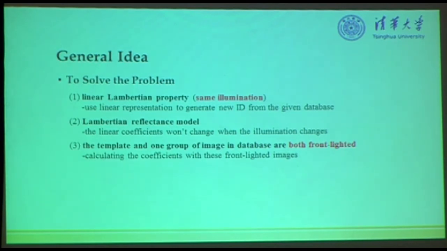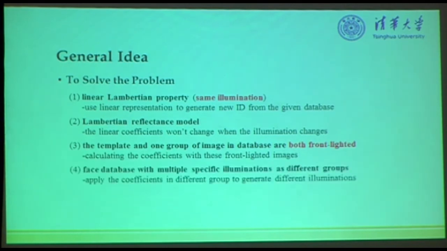The illumination of the template should be front lighted, and in the databases there should be a group of pictures which is also front lighted. After we get the coefficients, we can apply them to the different illumination groups of our databases, so that we can generate different illuminations.